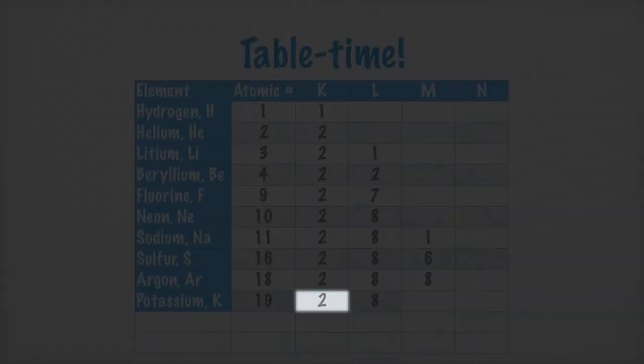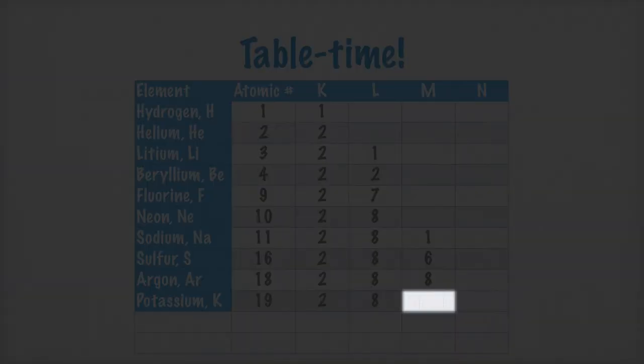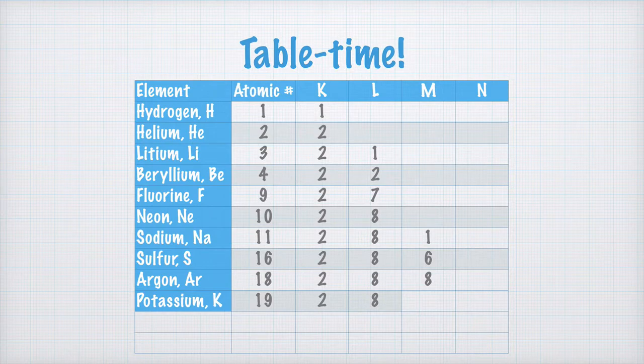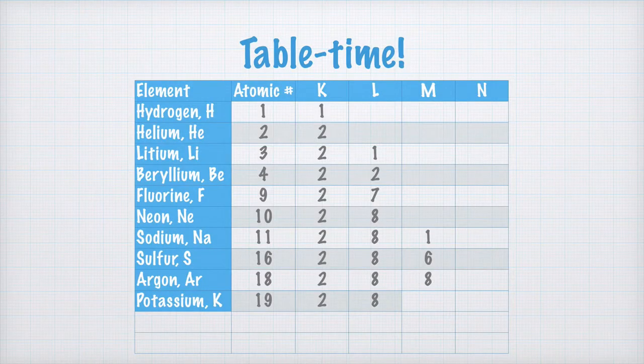In the K shell, the maximum number of electrons is 2. In the L shell, the maximum number of electrons is 8. And in the M shell, a maximum of 18 electrons can reside. Then you might think that the 9 electrons left, we can put them in the M shell. But then you forget that in the shell that happens to be the outermost, there can be a maximum of 8 electrons.